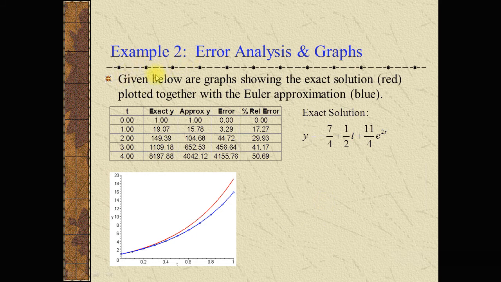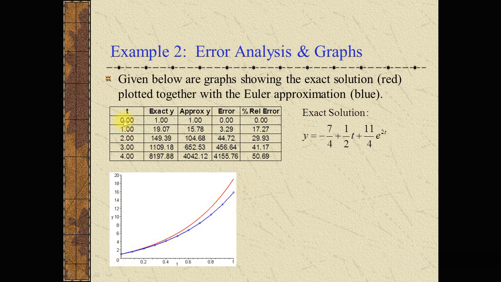Now dear students, for this example we have below graphs showing the exact solution graph by the red color and the approximate solution by the blue color. So for t is equal to 0, 1, 2, 3 and 4, this is actually for step size is equal to 1. The exact solution graph is represented by the red color and the approximate solution graph is represented by the blue color.